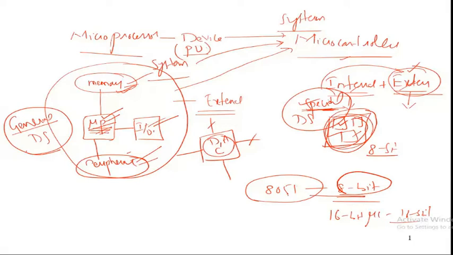If the processor is an 8-bit processor, we say it is an 8-bit microcontroller. And if the processor is a 16-bit processor, we say it is a 16-bit microcontroller, and up to 16-bit data operations we can do with the help of that microcontroller.